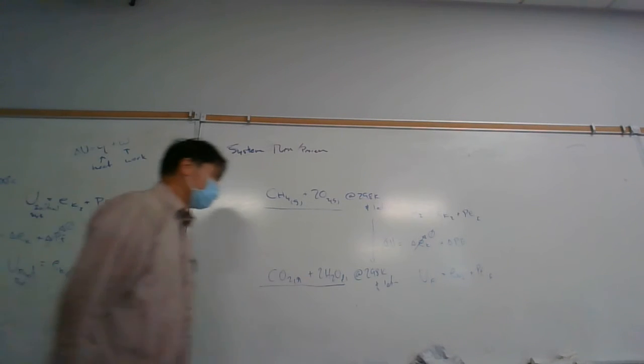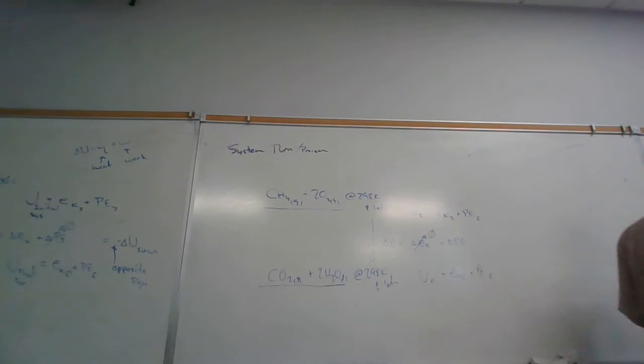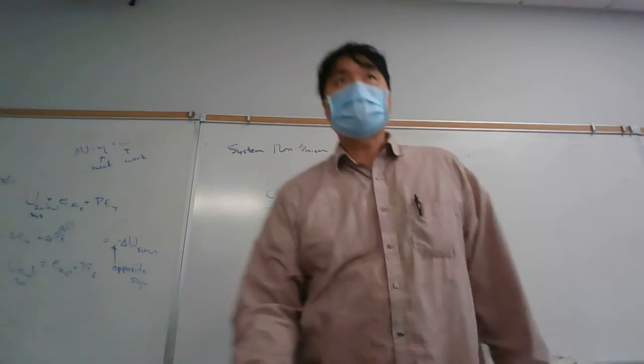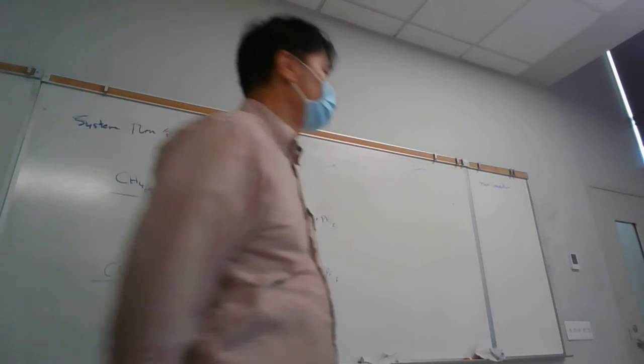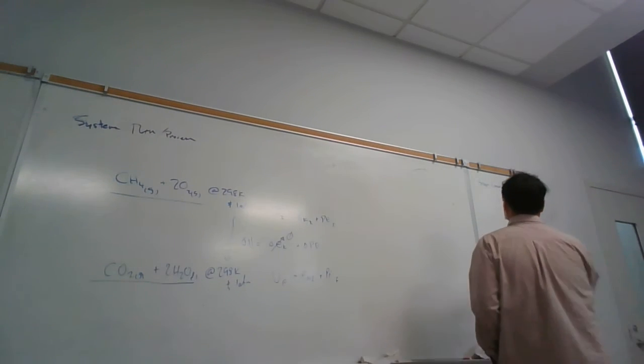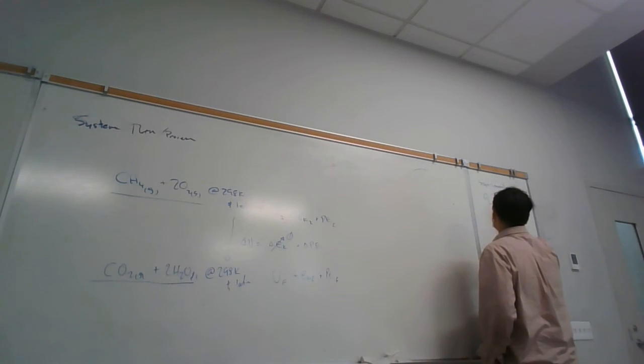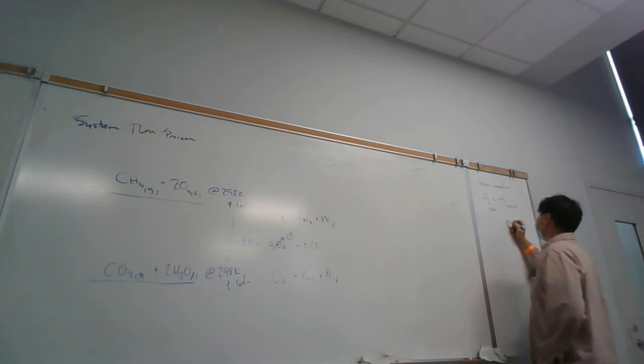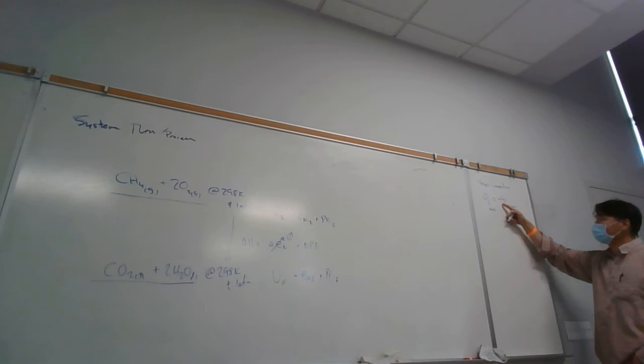There's a sign convention for this. Look at it over here. The sign convention goes like this. The first law states that Q of the system is equal to minus Q of the surroundings. This is just to keep the opposite sign.